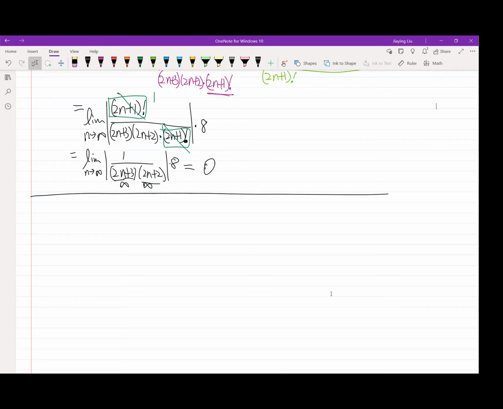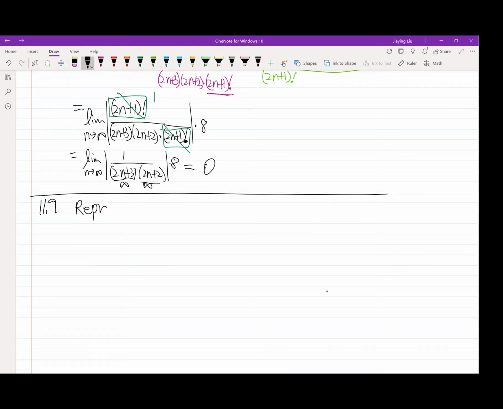All right, so I'm going to talk about 11.9 today. If you recall, last time we talked about power series. So today we're going to write functions in terms of power series.